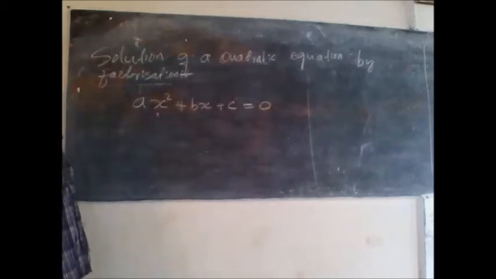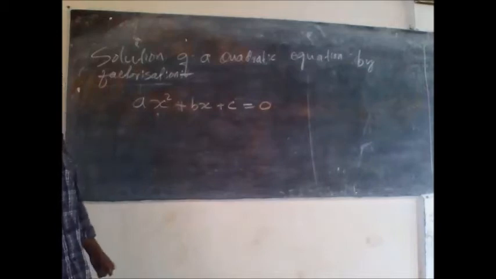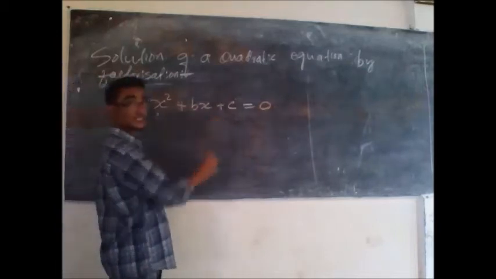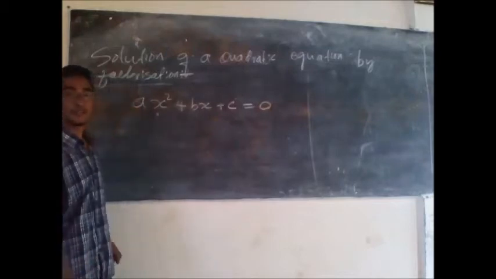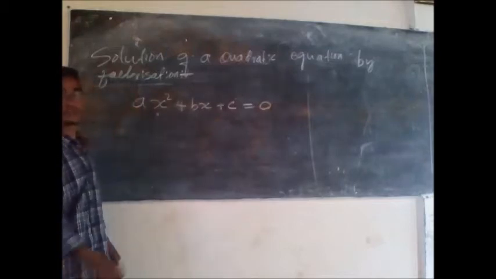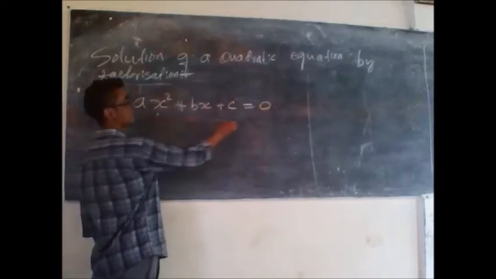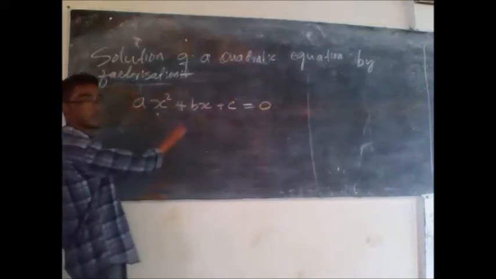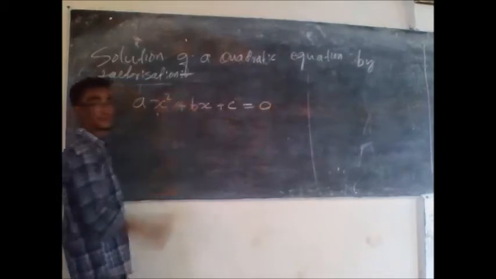Now, what is the method of factorization? The method is that you split the middle term of the equation. This is the first term, this is the last term, and this is the middle term. That means you split this b.